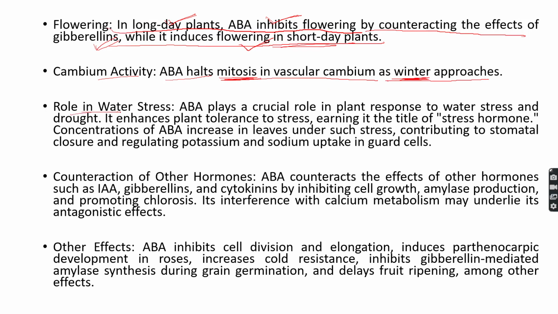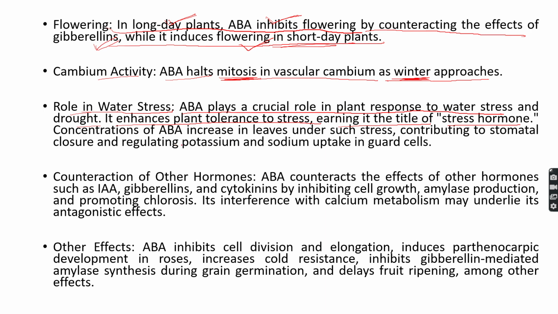Okay, next is the role in water stress. ABA plays a crucial role in plant responses to water stress and drought. It enhances the plant's tolerance to stress, earning it the title of stress hormone, because of the stomatal closing and opening it controls.